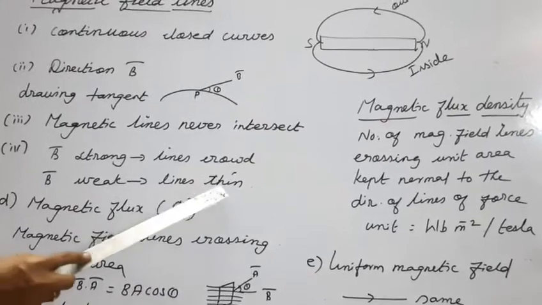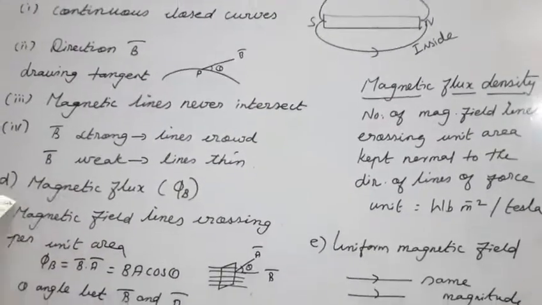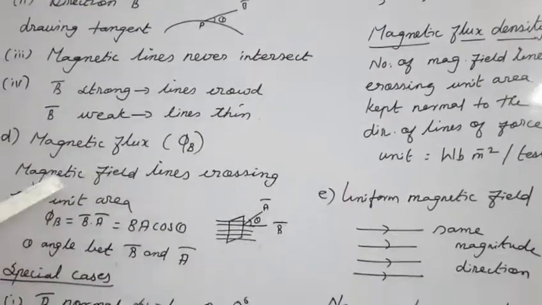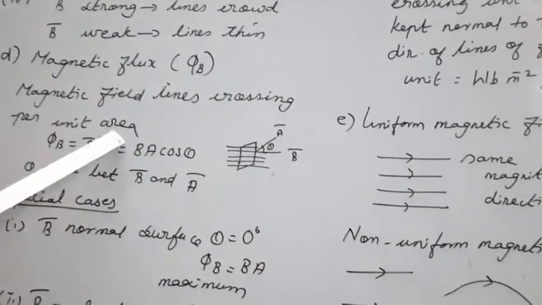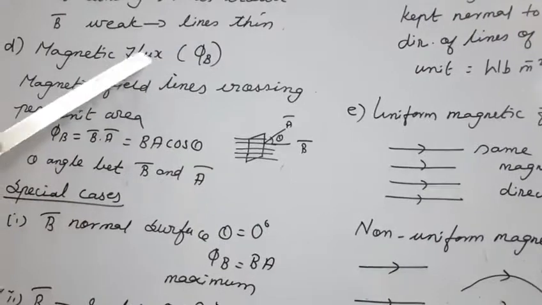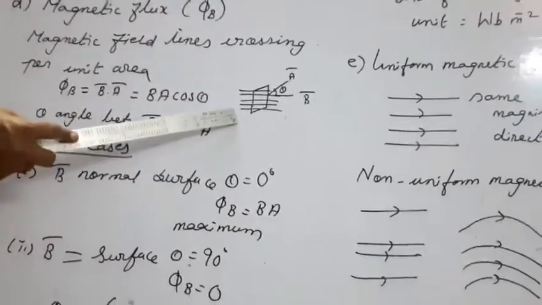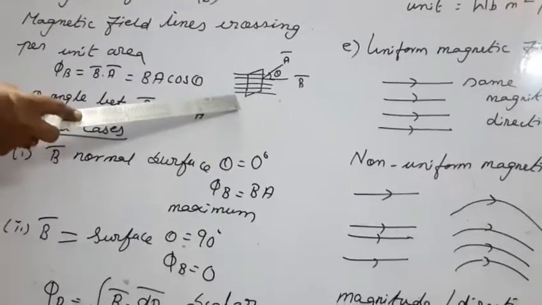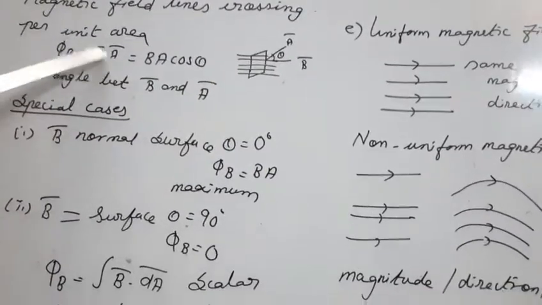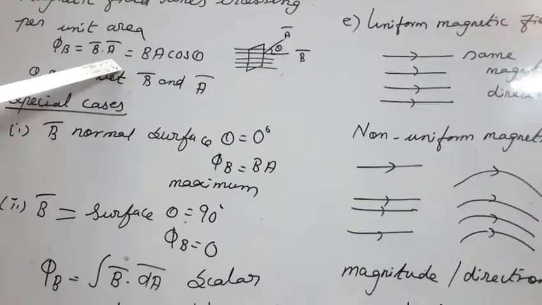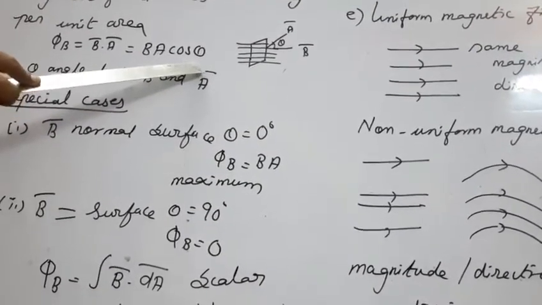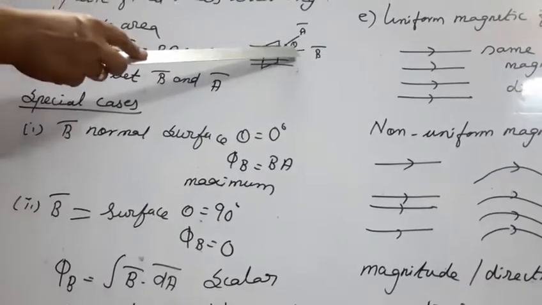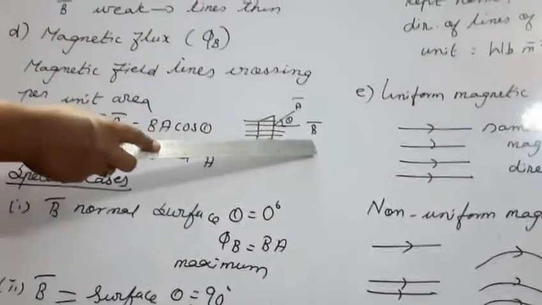And next, fourth topic is magnetic flux. The number of magnetic field lines crossing per unit area is called magnetic flux, which is denoted by the letter phi b. Then from the diagram, phi b equal to B bar dot A bar, which is equal to BA cos theta, and theta is the angle between B bar and A bar.